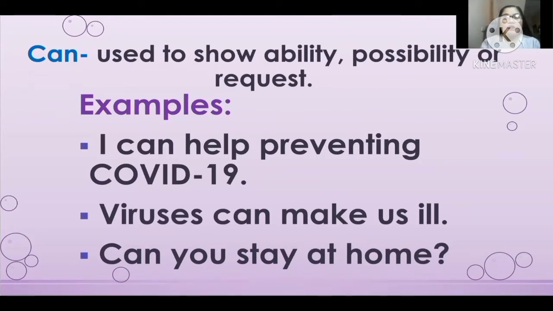It also expresses possibility. For example, viruses can make us ill. Then, if you are making requests, you can also use can. Can you stay at home? Those are examples of the modal can.